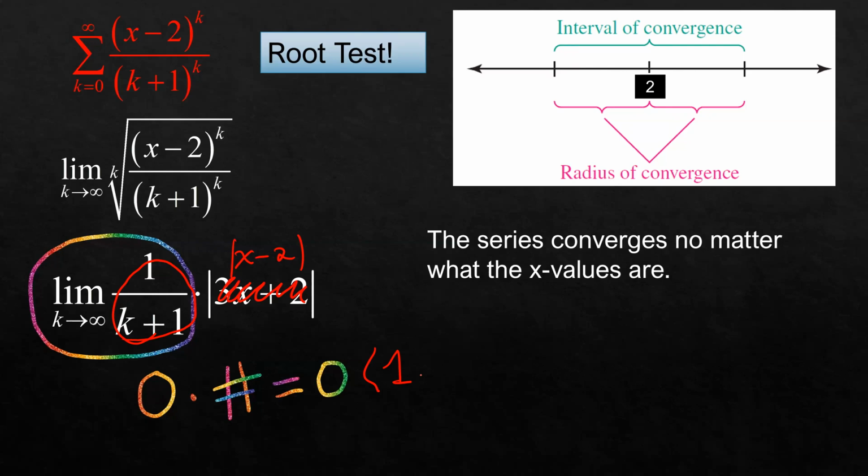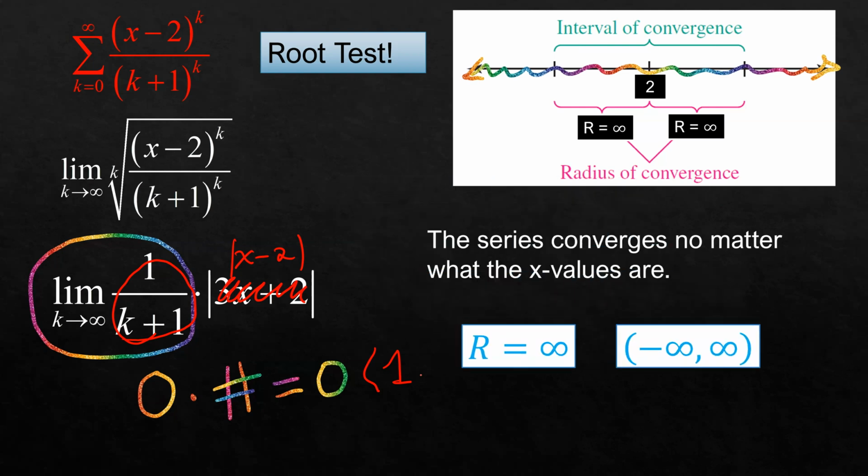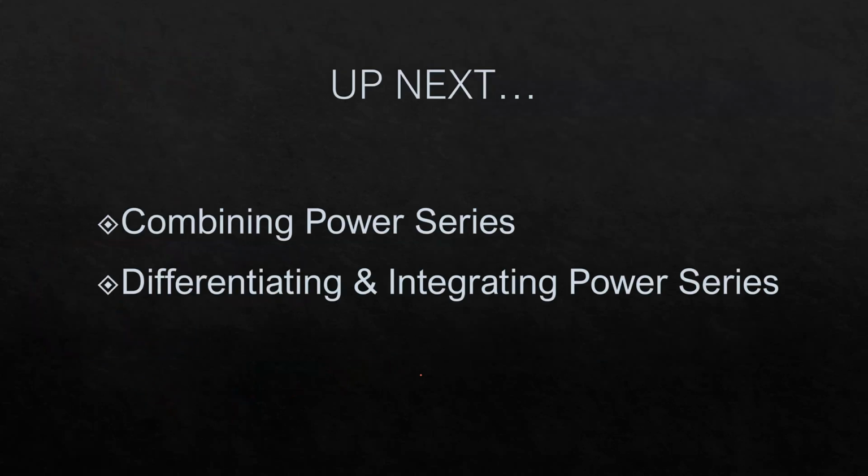So the interval of convergence, in this case, does not depend on the x value. We would say the radius of convergence is infinite. So the interval of convergence would go from negative infinity to positive infinity. And that is it.